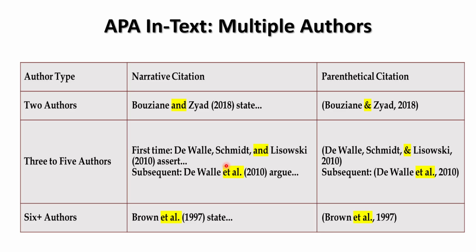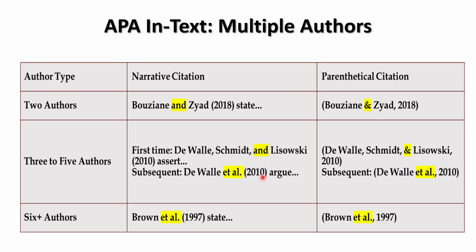But in subsequent citations of the same source, you use the first author's name followed by et al. and a period, instead of including the other names, then followed by the year of publication: Dewall et al. (2010) argue.